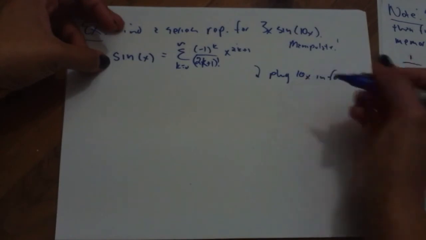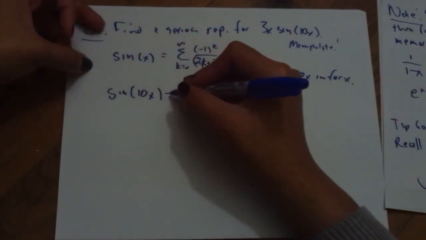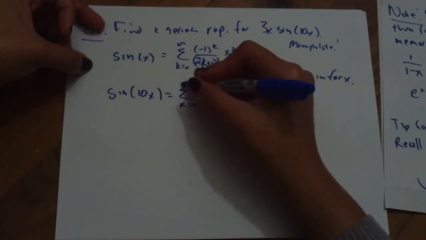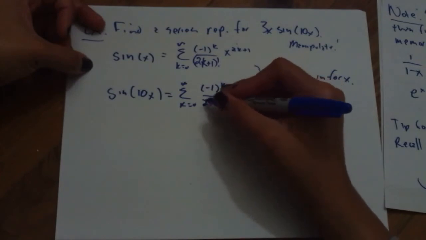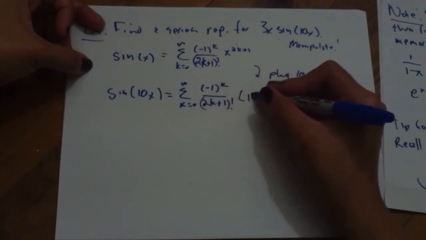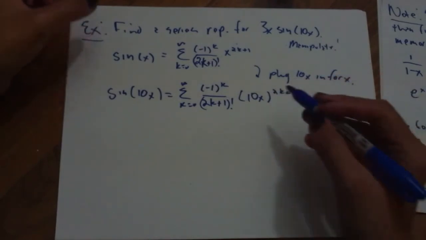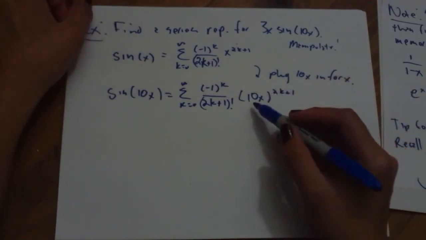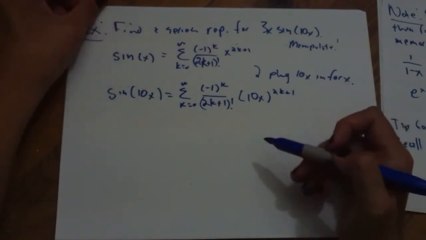So each time I see an x, I'll plug a 10x in. This will give me that sine of 10x is equal to this guy. The coefficient doesn't change, but the x sure changes. This is 10x to the 2k plus 1. If you want to split this, you can: 10 to the 2k plus 1, x to the 2k plus 1.